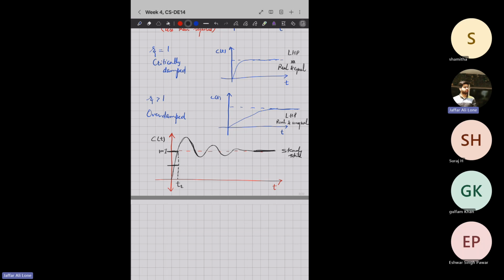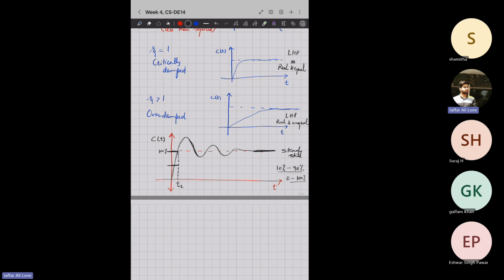But you will see one more definition. I should not teach this because we have already gone through the lectures, but you might have also seen a definition like this: when my response goes from 10% to 90%, this is one definition you will see, and the other definition you will see is when my response goes from 0 to 100%. Again, both are rise time.